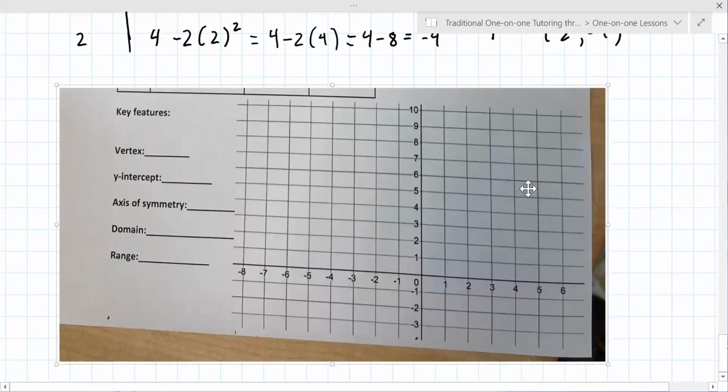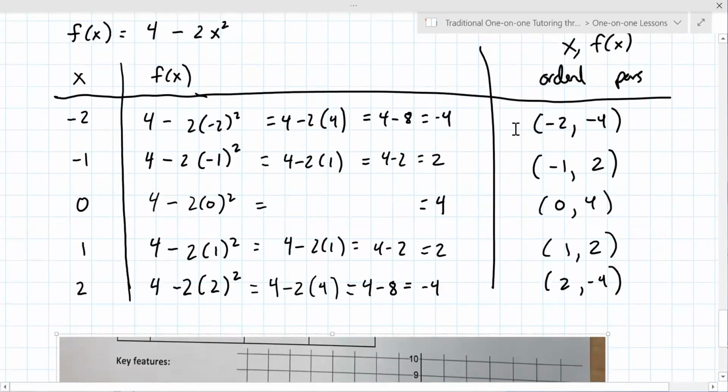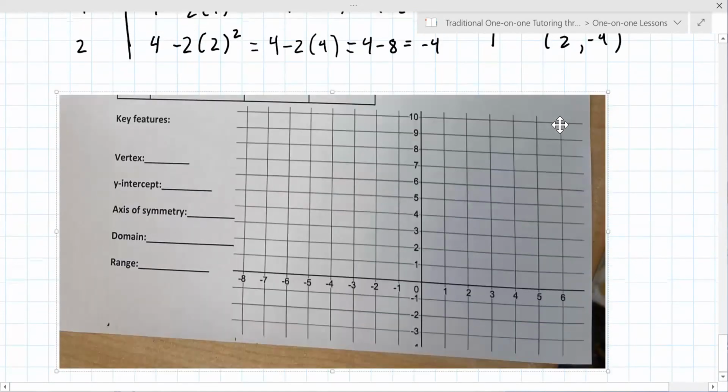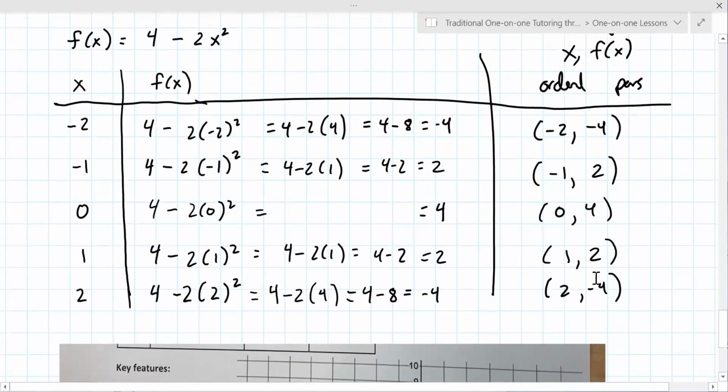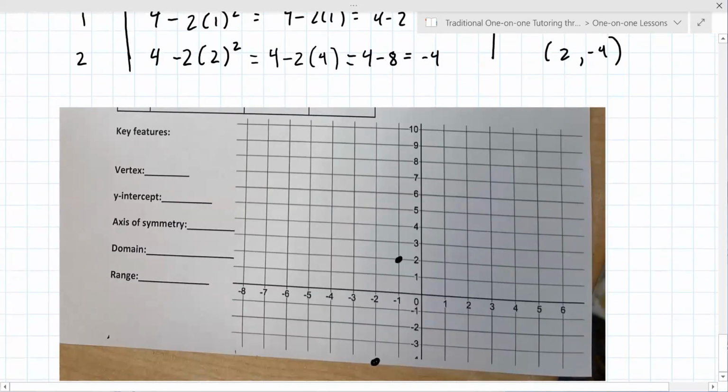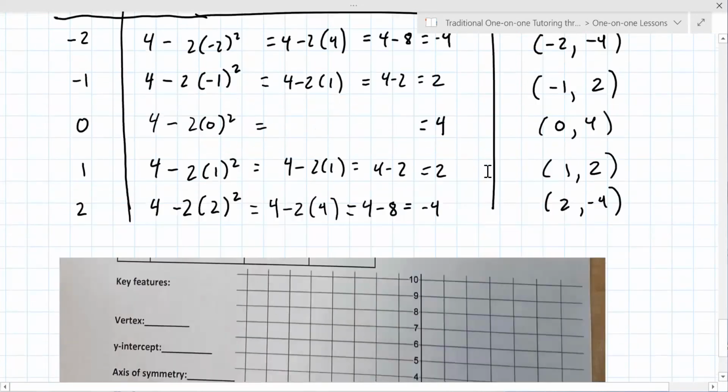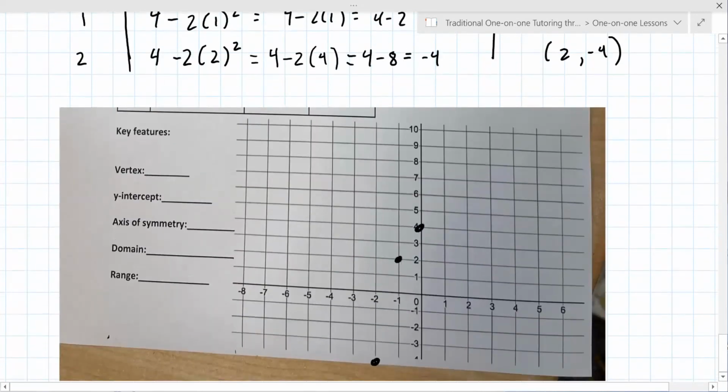Sometimes people are down on it, but we can do kind of cool stuff here. Let's graph these points. -2, -4, it's kind of hard to get, but there it is. Then -1, 2, and then 0, 4, and then the other points end up being here.